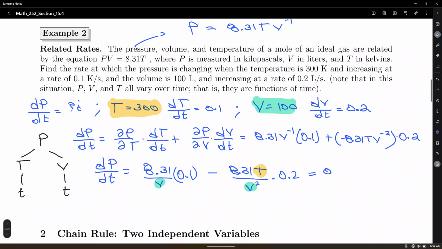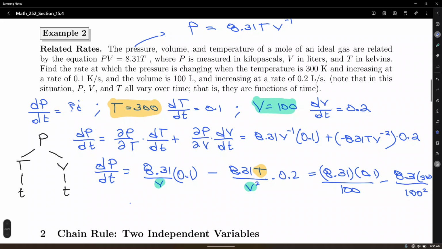So that is 8.31 times 0.1 over V, which is 100, minus 8.31 times T, which is the temperature, that is 300, divided by the volume squared, that is 100 squared. Of course, you can verify this result using your calculator.